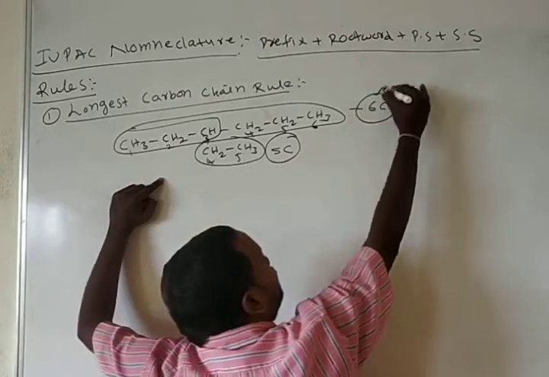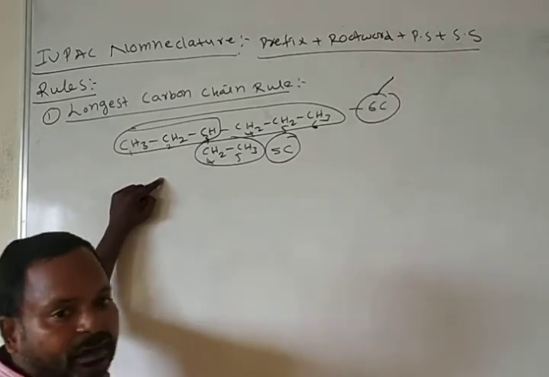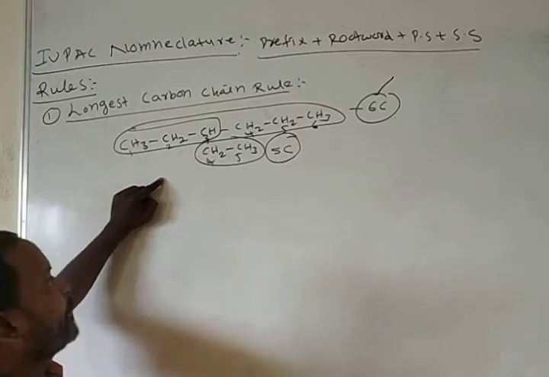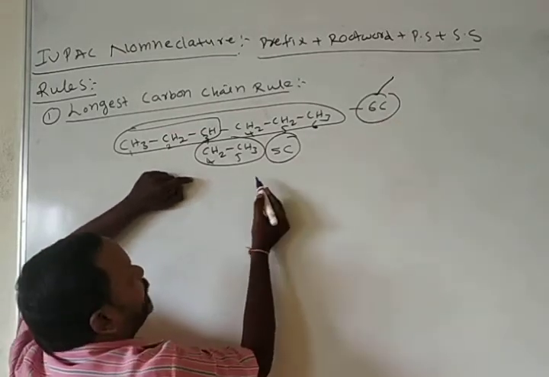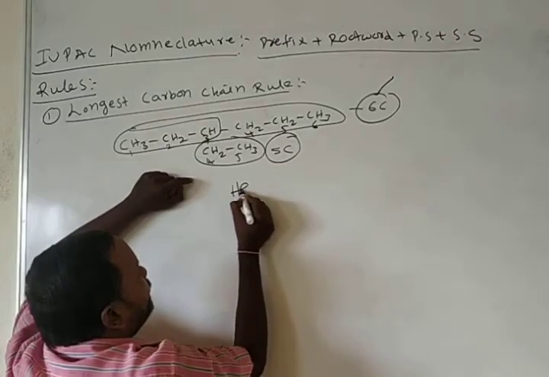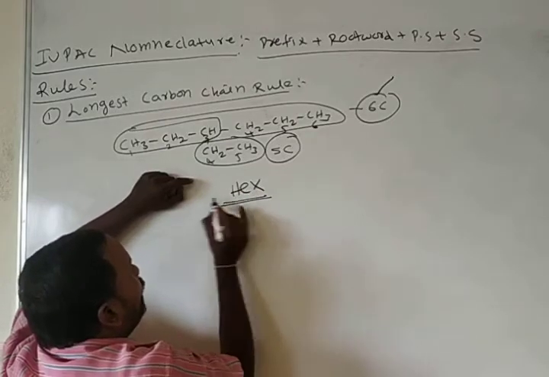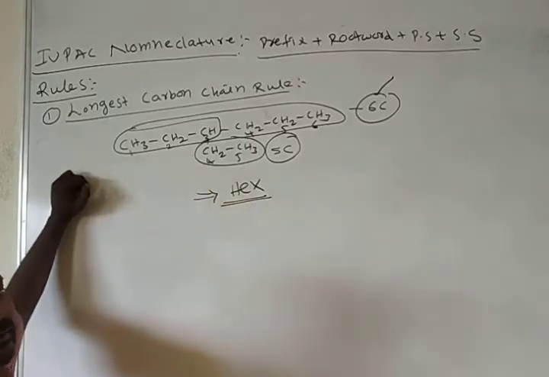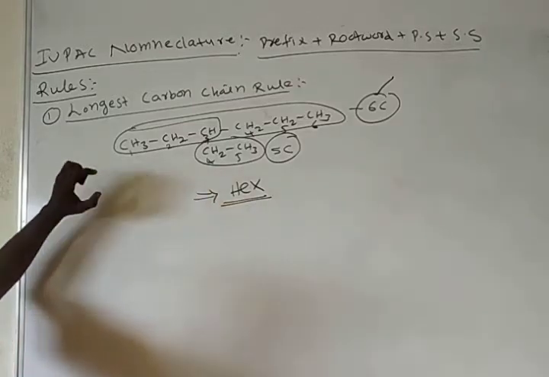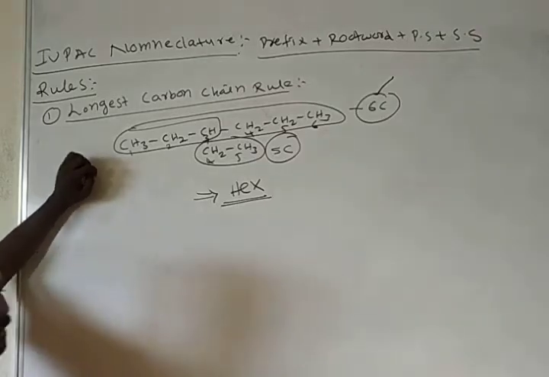You select the straight chain and give the proper root word. Six carbon atoms are present in the chain, so use hex. The root word for this one is hex only. This is the backbone of the organic molecule.